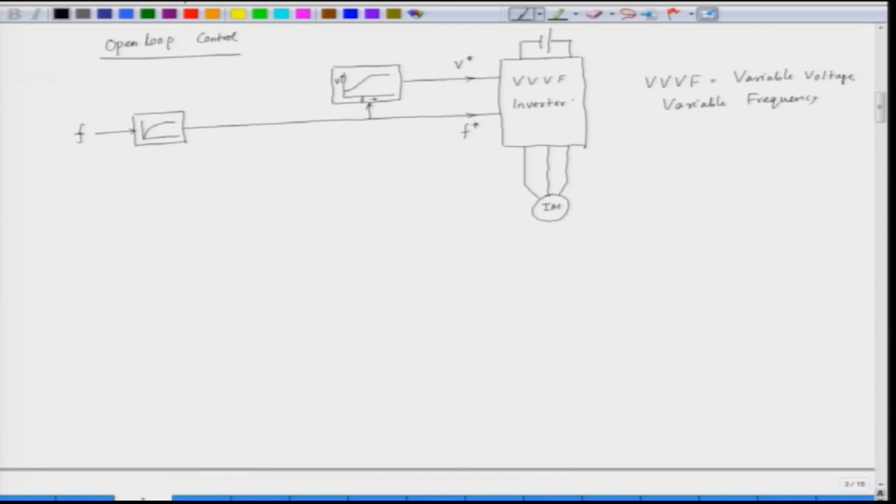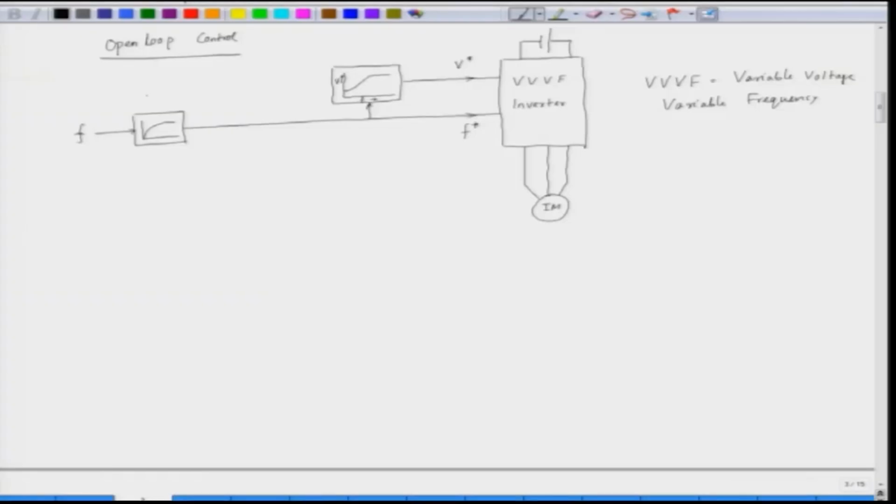So, VF inverter here. Now, when we are changing the frequency, it cannot be changed abruptly, because if we change the frequency abruptly, the machine may be unstable. So, it has to be changed slowly, that is why we have a delay block here.